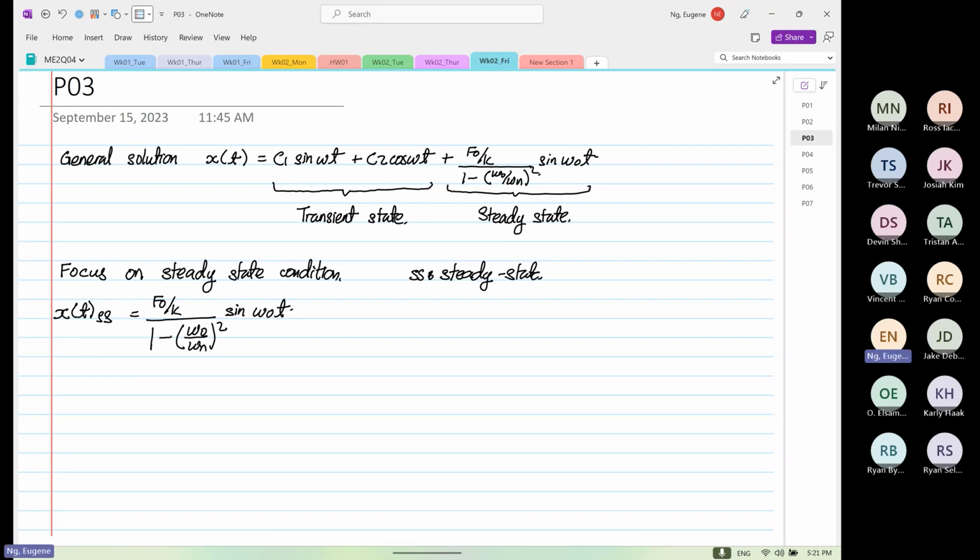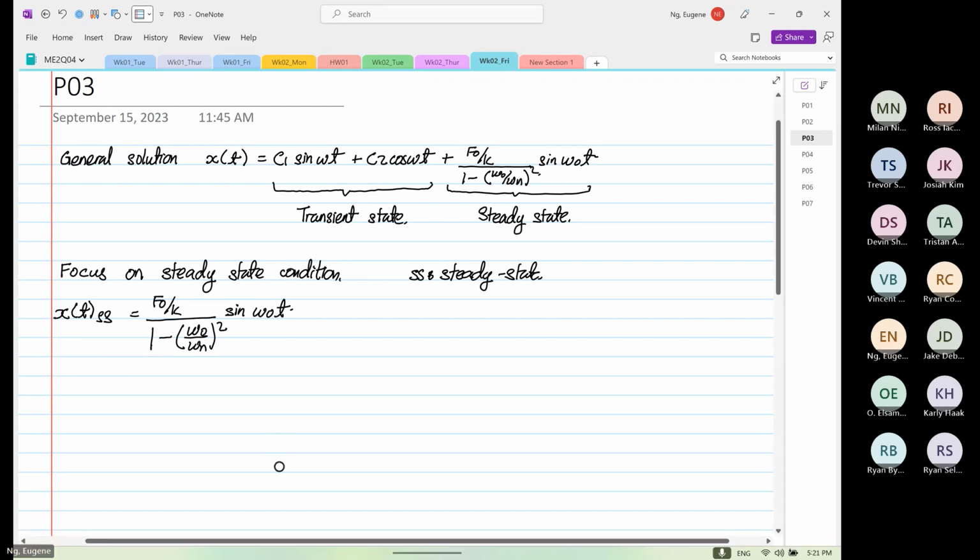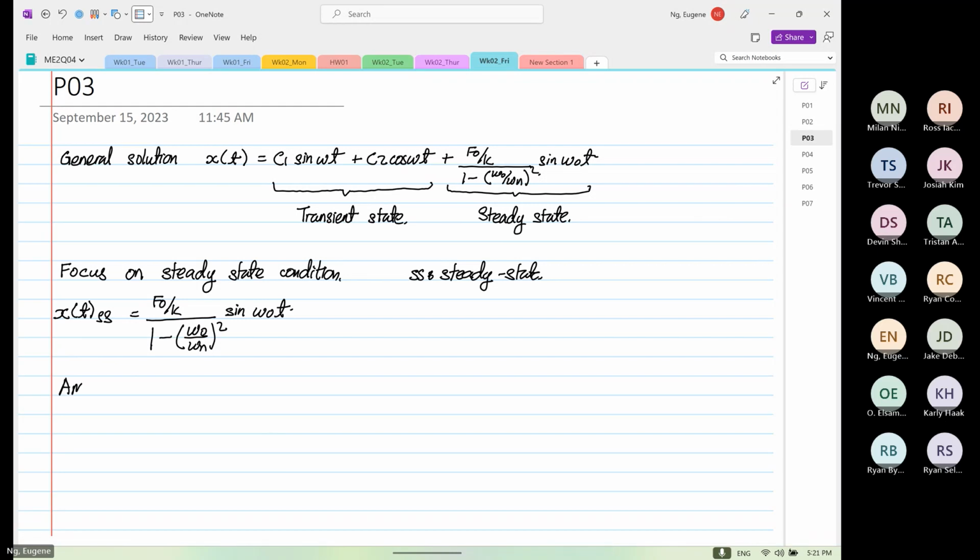Okay, so we have everything now. It's just a matter of substitution. If you're going to find the amplitude, we just need to find F naught over K divided by 1 minus omega naught over omega n squared.